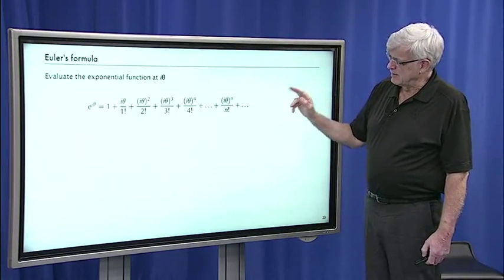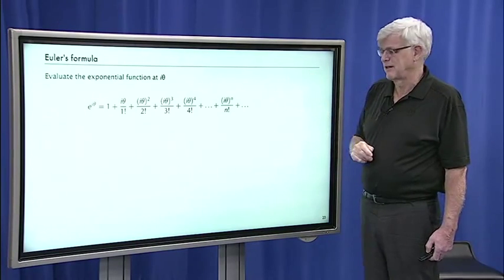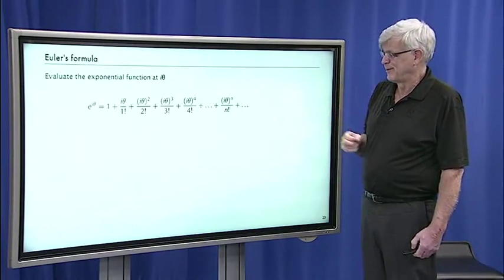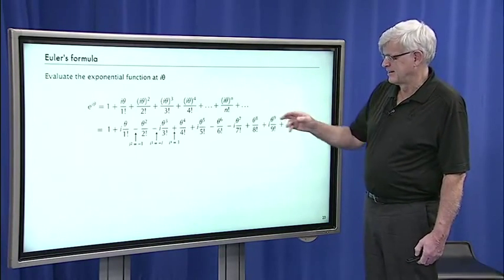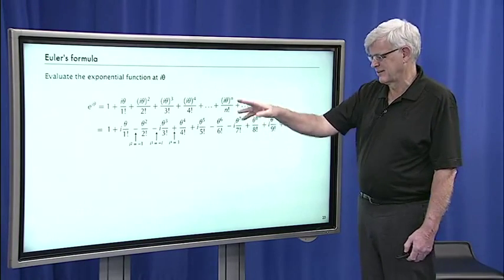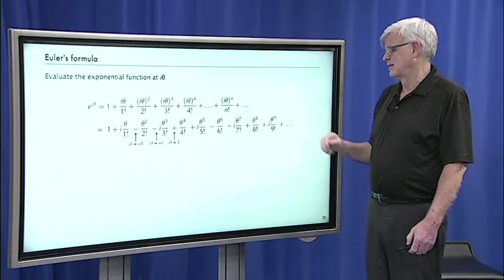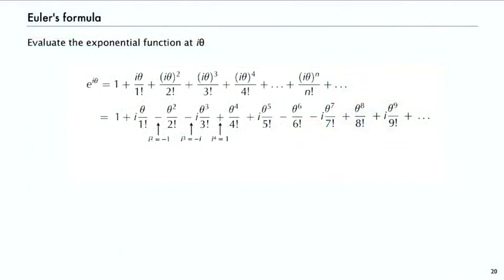Now, if you just convert i squared to minus 1 and i to the 4th to 1, then every other term has an i in it, every other term does not have an i in it, and then the terms alternate in sign. So i squared equals minus 1, so it's minus theta squared over 2. i fourth equals i squared squared equals plus 1, so it's plus theta to the fourth over 4, and so forth.